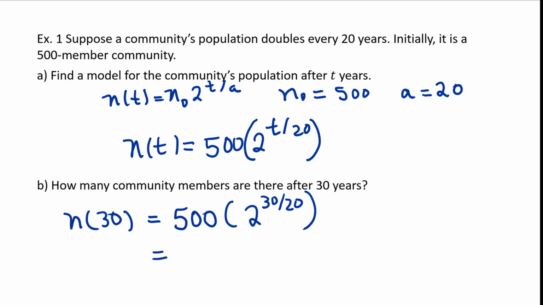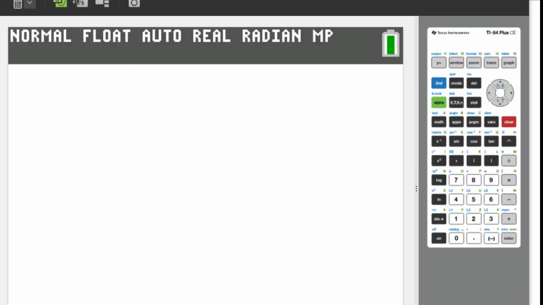So let's do that. We are looking at the screen of a TI-84. We need to compute the value, which was 500 times, so let's key in 500 times, then we have 2 raised to the power of, and we'll put in parentheses.